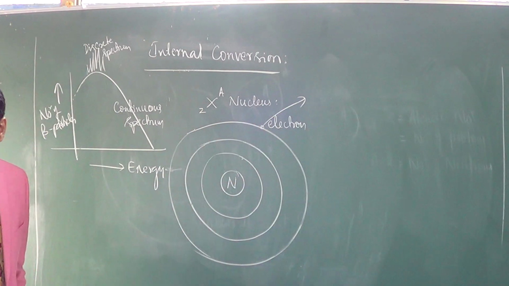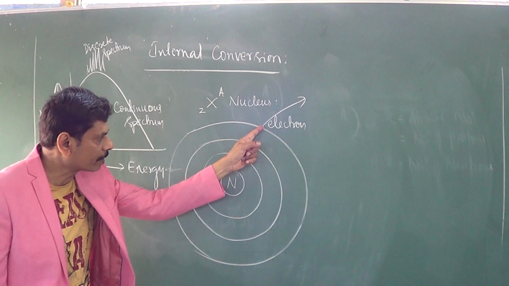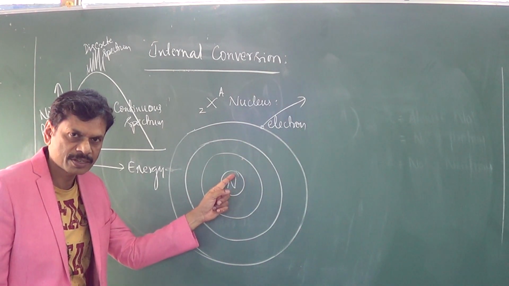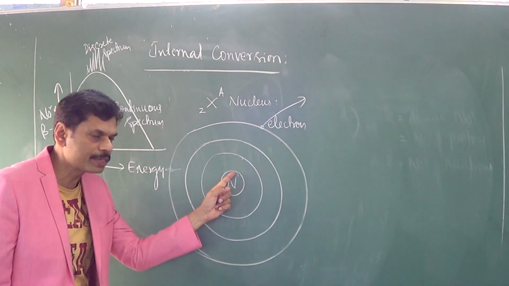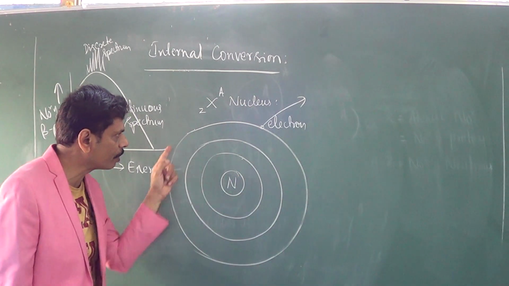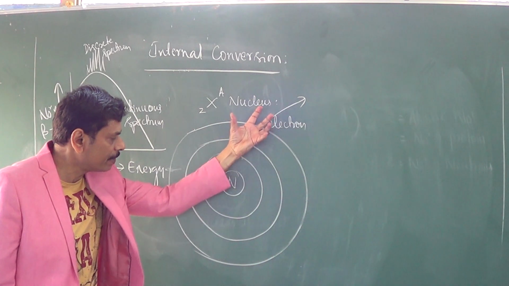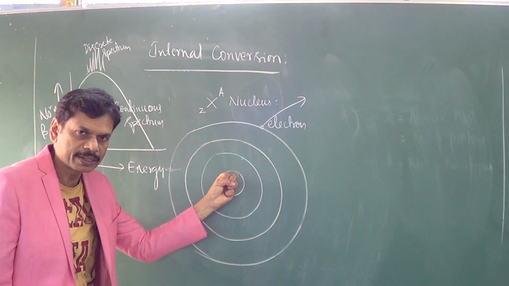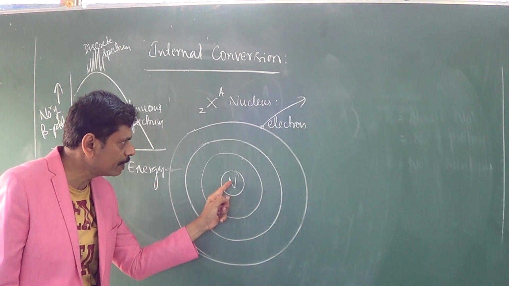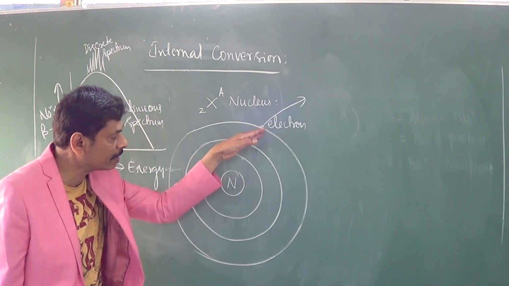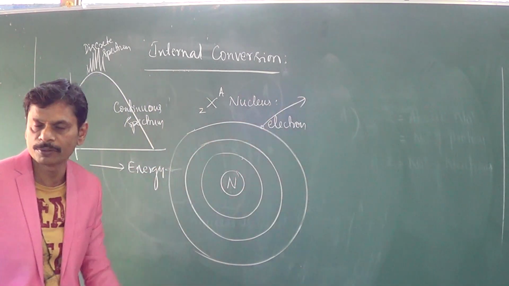Don't forget, the electron is bound to this nucleus, and because of that it revolves around the nucleus. This electron has a binding energy towards the nucleus. If you supply energy to the electron more than that binding energy, or at least equal to it, then only will it come out.